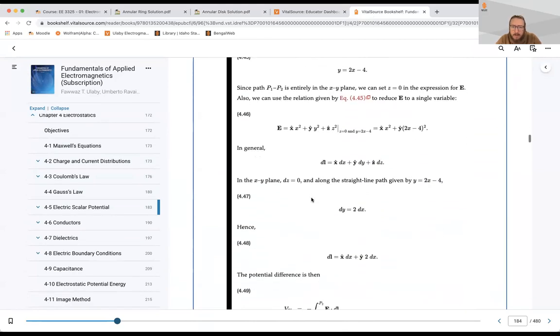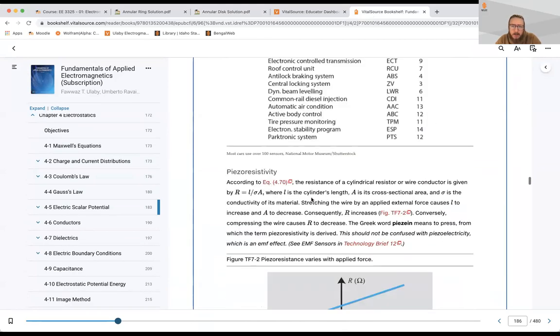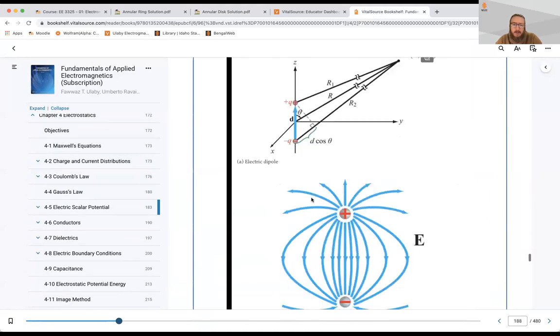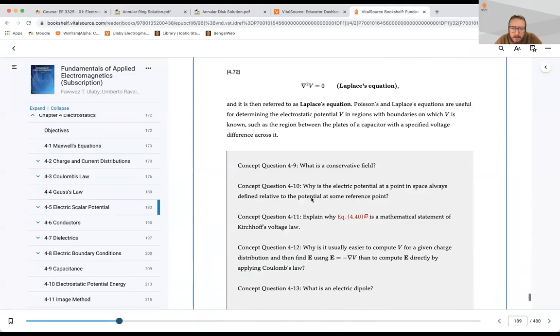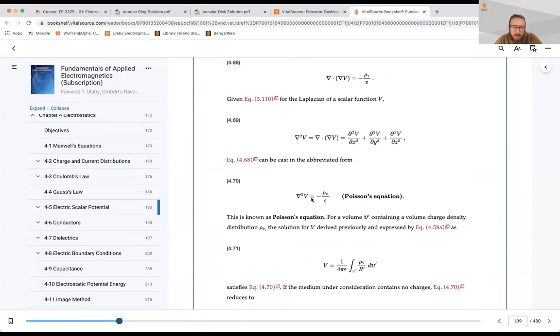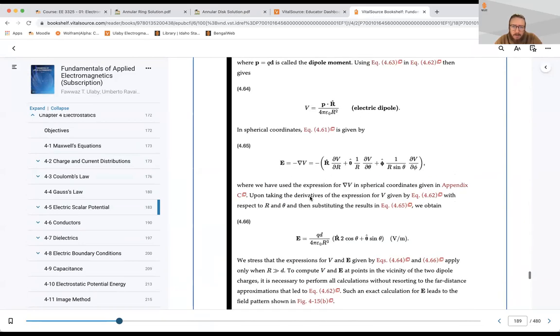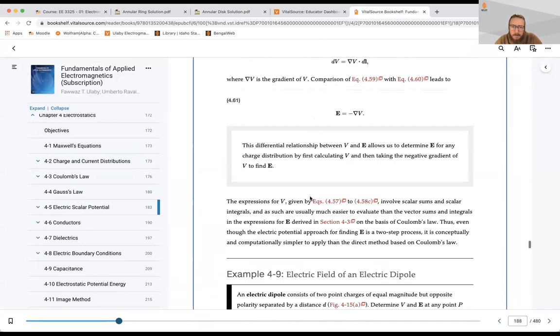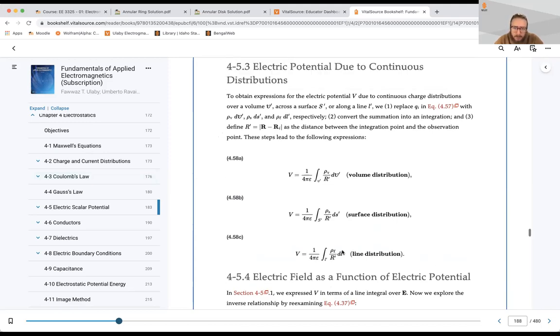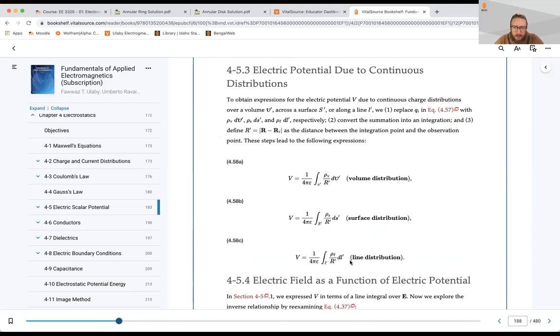So this set of equations in the textbook is describing distributions of charge. Why can't I find it? Here they are. So any distribution of charge, volume, surface, or line distributions of charge, a way to find the voltage due to them.